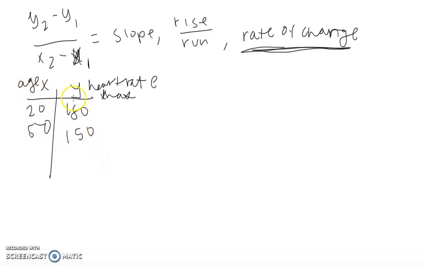As you can tell, this is the y2, that is the x2, and this is the y1. What do you notice? The y2 is smaller than the y1. That's completely fine. It happens. It'll just show you something about the data.